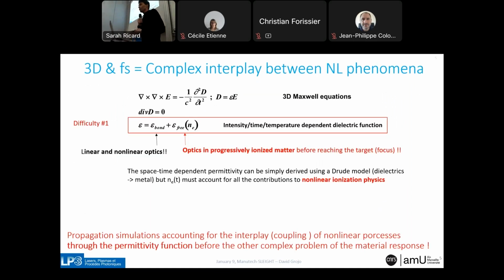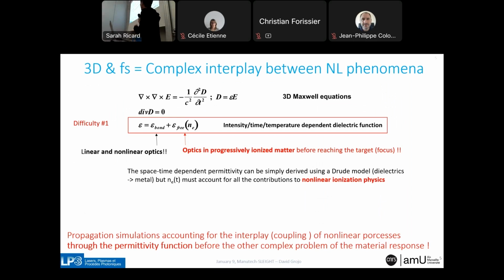So in terms of the physics behind this, if we talk only about the optics part, if you want to describe such an experiment, you need to go for propagation modeling, so, of course, to solve the Maxwell equations. But the main point you have to consider is that we are dealing with a material that is progressively ionized during the pulse.